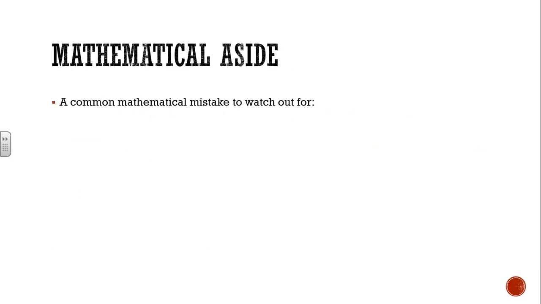Now, a mathematical aside, and you've already heard this once before, there's a common algebra mistake to watch out for. Here's the common mistake. 1 over DO plus 1 over DI equals 1 over F does not mean DO plus DI equals F. Doesn't matter how many times I say that, there's going to be somebody who tries to do it this way.